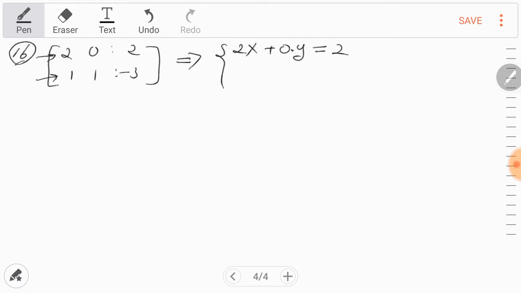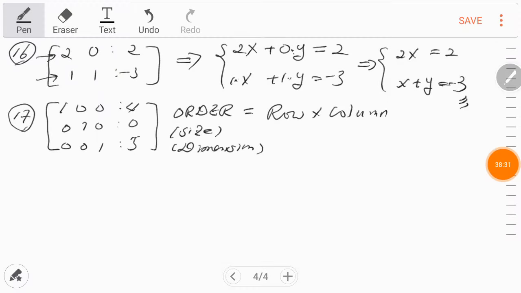And the second row is 1 times x plus 1 times y is equal to negative 3. We don't usually write 0y or 1x or 1y. So the first equation is 2x is equal to 2, and the second equation is x plus y is equal to negative 3.